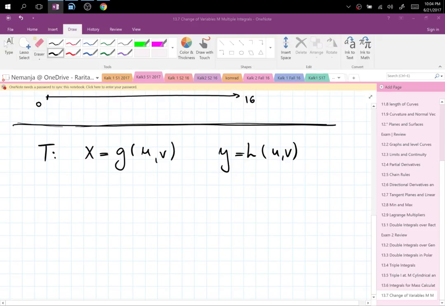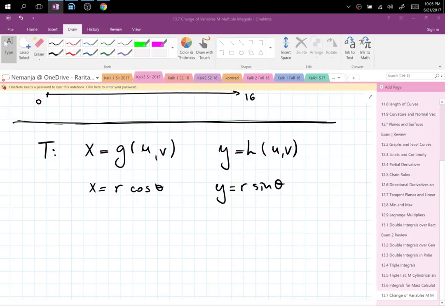Say that the transformation given to me now is x equals r cosine theta, and y equals r sine theta. These would actually be my substitutions later on. We'll deal with that tomorrow.